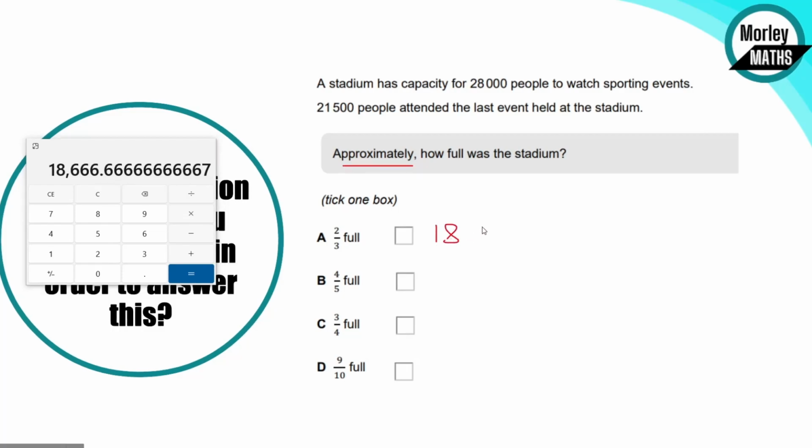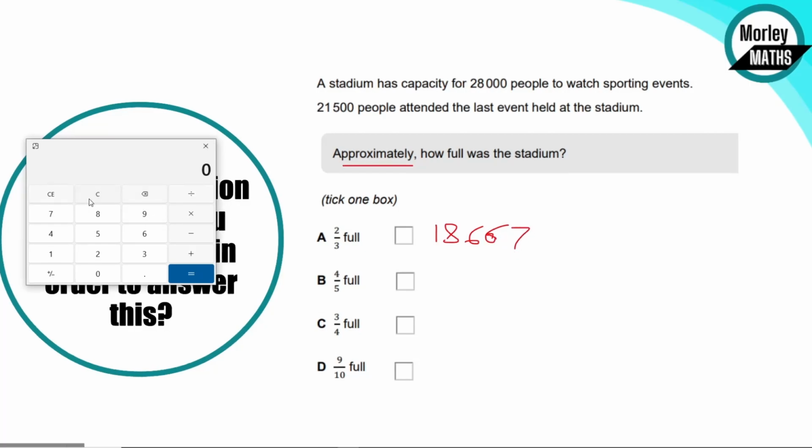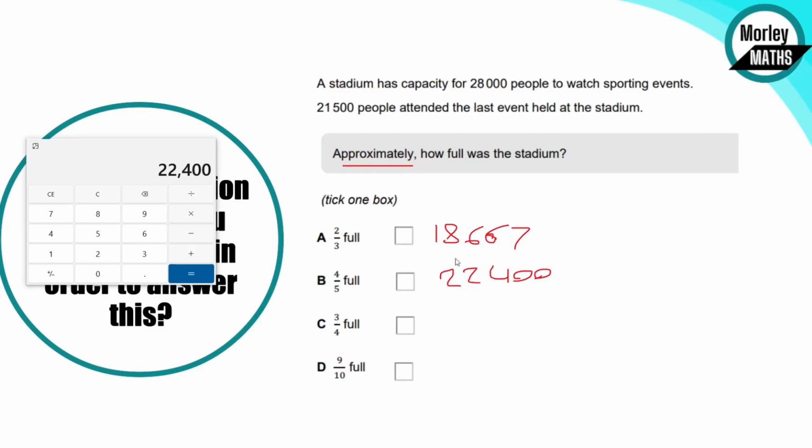That will give us 18,667. We'll round it up to whole numbers. We'll do the same again with the next one. So 28,000, divide it by 5 and then times it by 4 gives us 22,400.